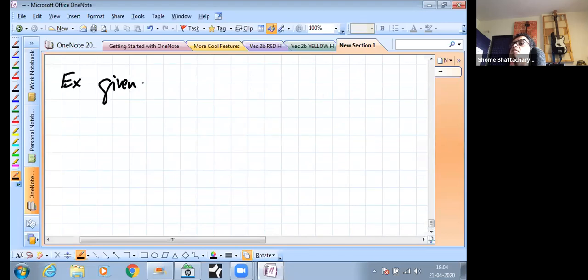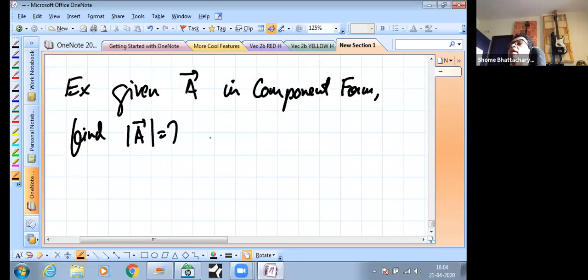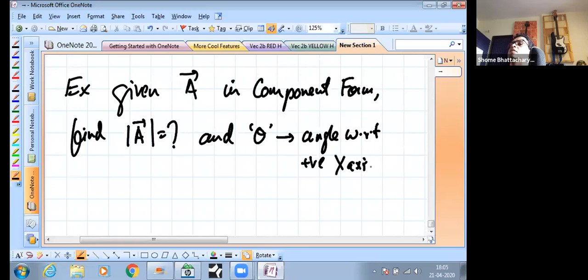Given the vector E in component form, we want to find the magnitude of the vector E and theta, that is its angle with respect to the positive x-axis. We want to find it. So let's do a question related to this.